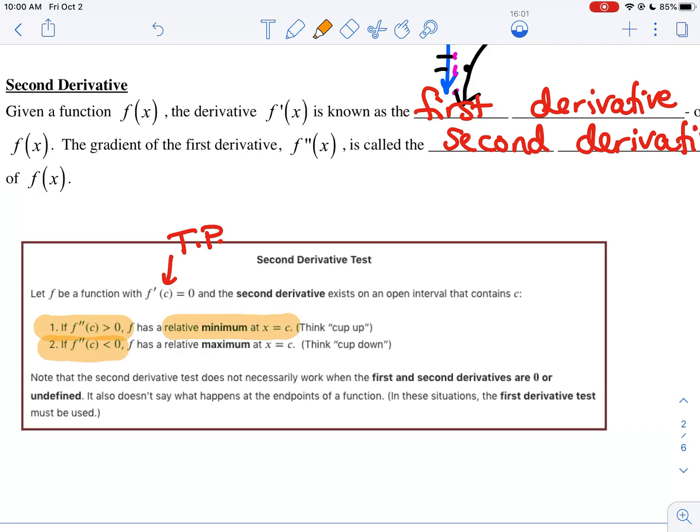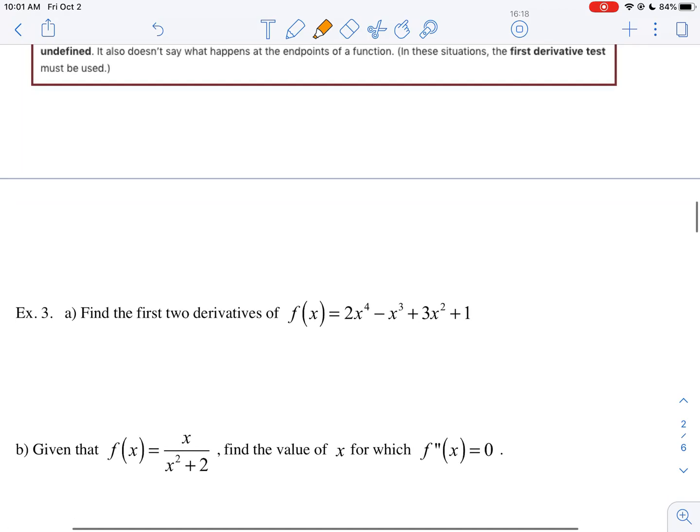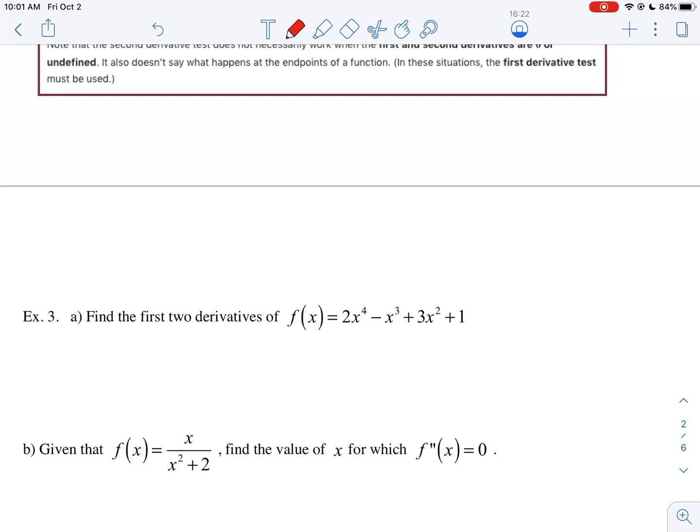If the second derivative is negative, then f has a relative maximum. But notice, if the first derivative and second derivative equal 0 at that turning point, then the second derivative test doesn't work, okay? So let's go ahead and just practice finding a second derivative.